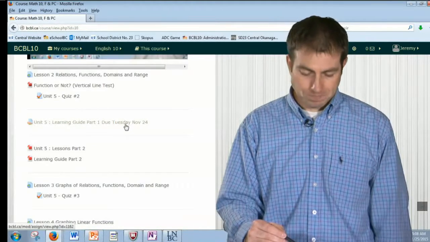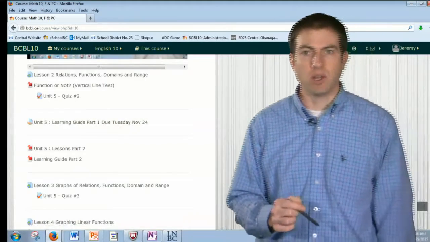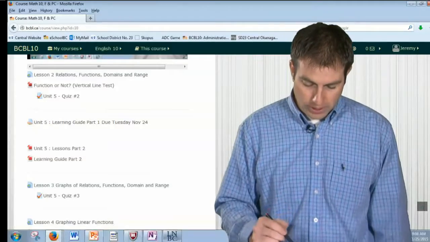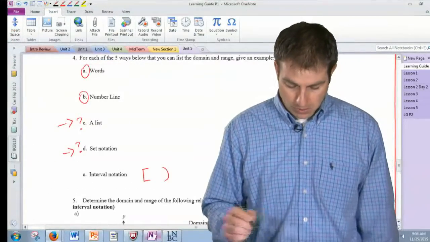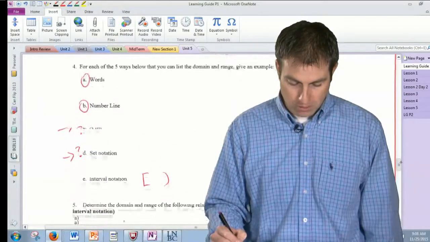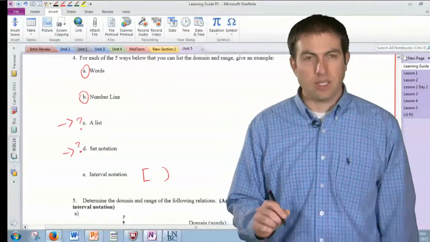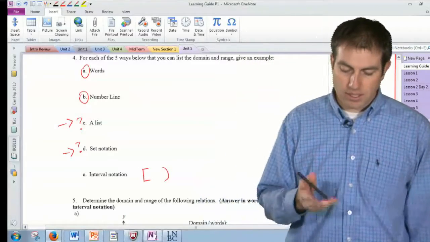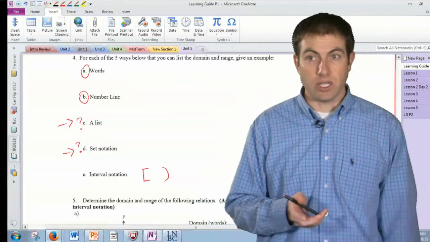So that was yesterday. A few of you had questions that we left off with. I think it was Abby asking about the Learning Guide, page 4, number 4, which said, define domain and range in terms of words, number line, a list, set notation, and interval notation.